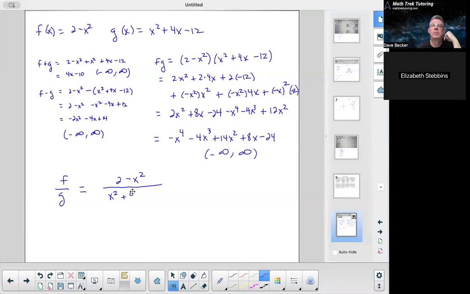Fun. I hate factoring. Except that's not going to work.